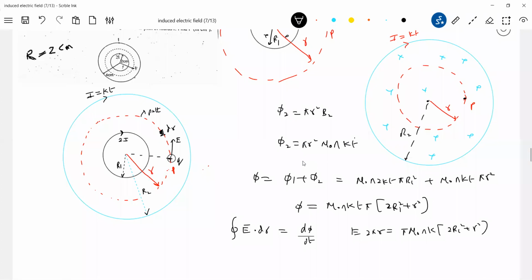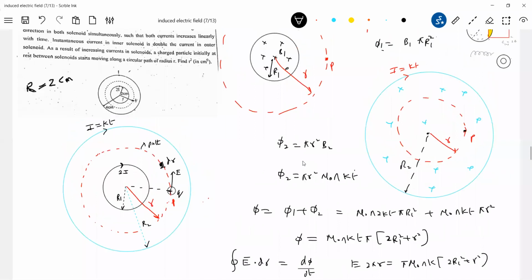So the expression for E will be mu naught nk by 2r into r1 square plus r square. This is the expression for E. Now the particle there will experience a tangential force.